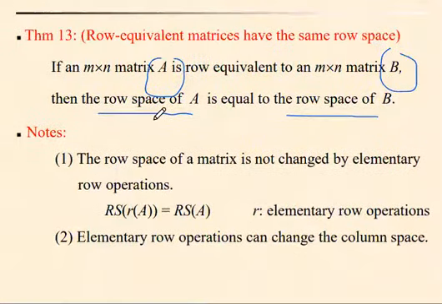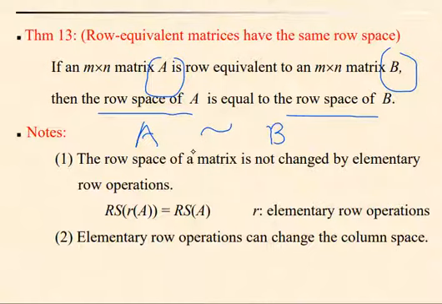So if you consider matrix A, you can do row operations to obtain another matrix, say B. These two matrices are equivalent.